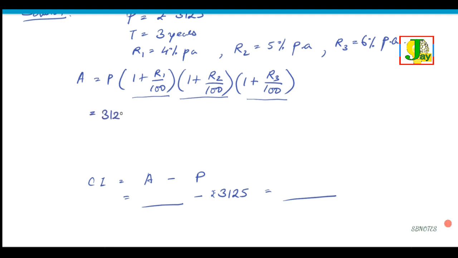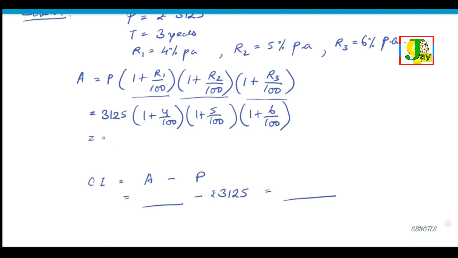Okay, so we'll just put the values here now. So 3125 into 1 plus 4 by 100, 1 plus 5 by 100, 1 plus 6 by 100.